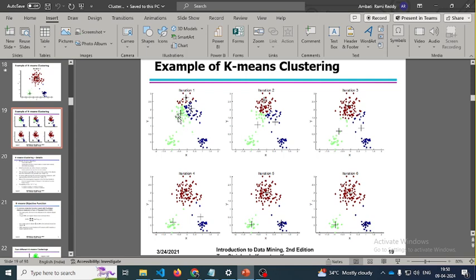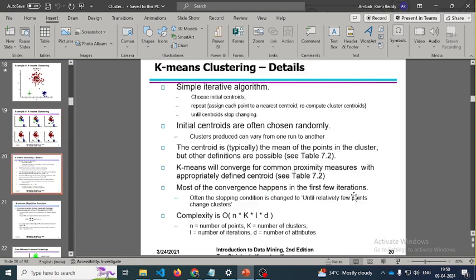But as the algorithm works, the centroid values keep moving in this direction. Initially they assumed the 3 centroids are here, but after several iterations, the centroids come to here. So this is about k-means clustering.